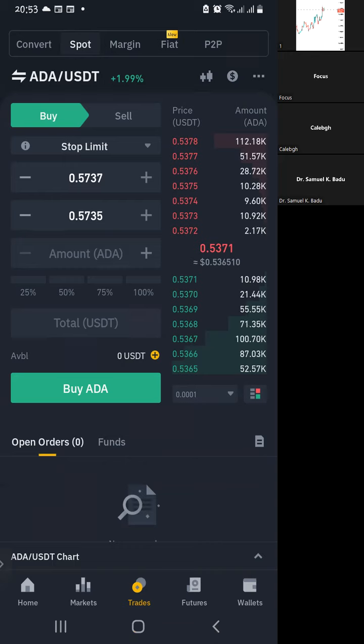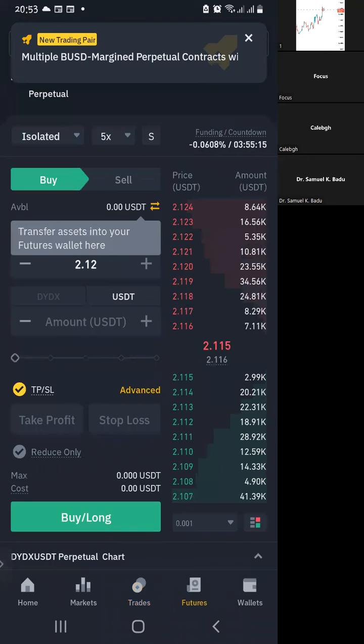So this one, when you go to futures, is slightly different. When you come to the bottom of the screen, you can see the futures button just after trade. When you click on the futures button, it opens the futures trading window for you.